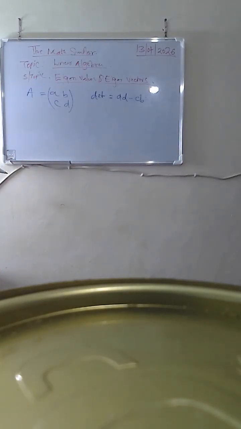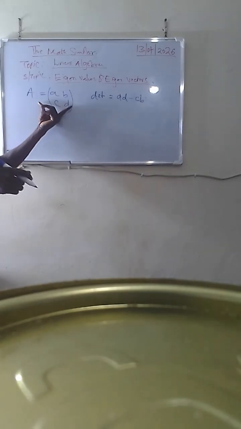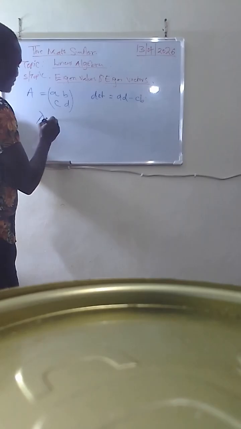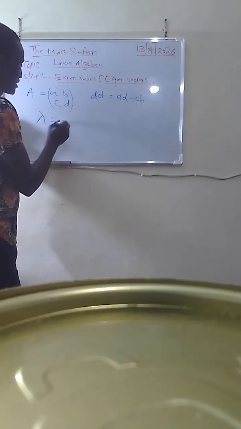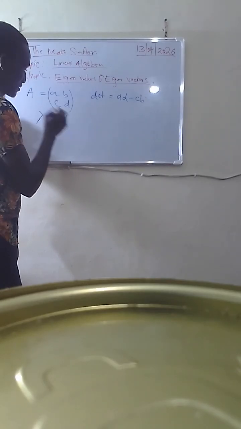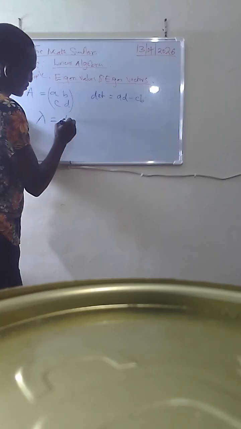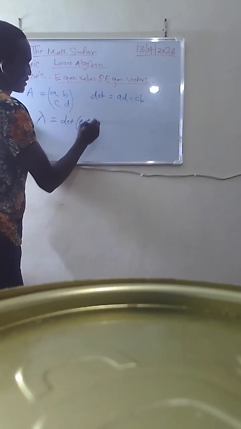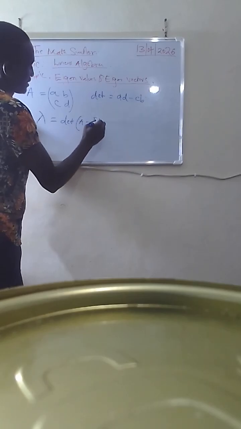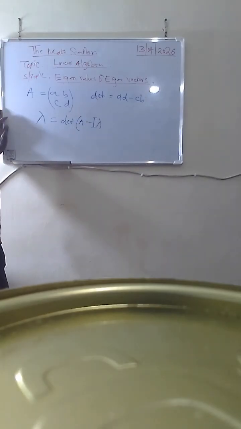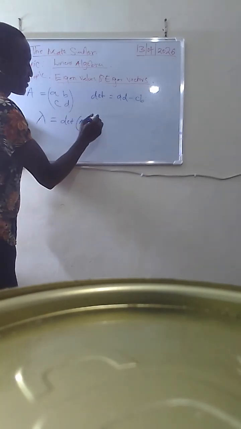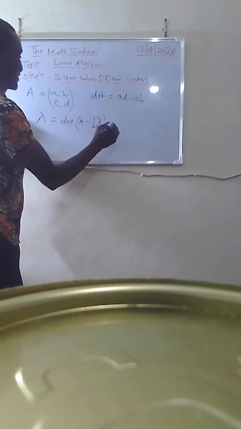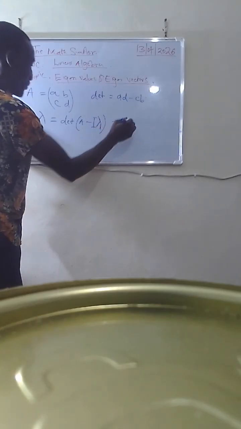So for us to get the eigenvalues of this matrix, the first thing we are going to do: the eigenvalues lambda is given by the determinant of A minus the identity matrix times lambda equals 0.